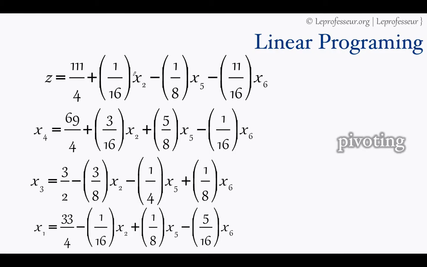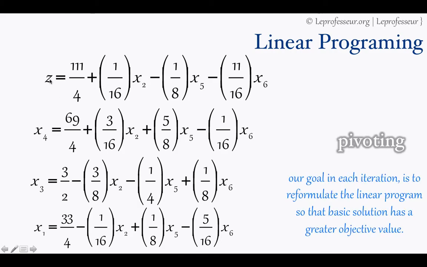Somehow we need to get rid of this variable which has positive coefficient, using the same procedure: one of these equations will give you the value of x2, and then substitute back into z. So our goal in each iteration is to reformulate the linear program so that the basic solution has a greater objective value. All right.